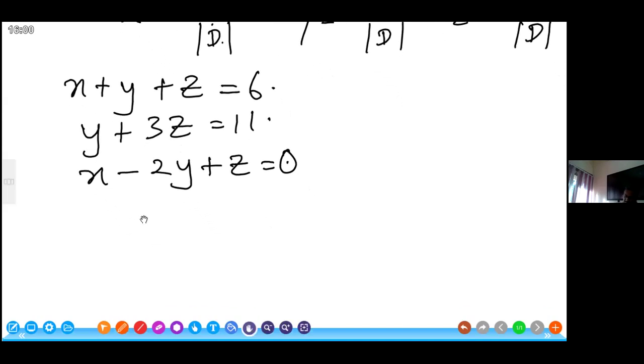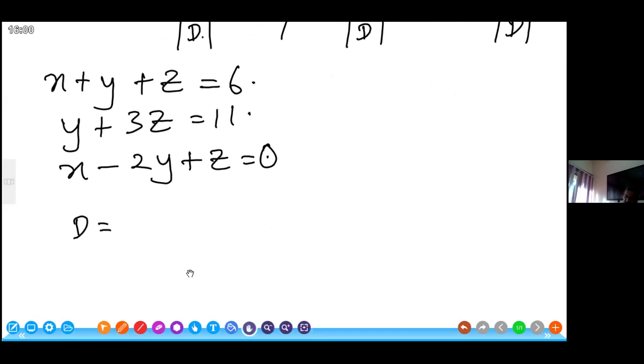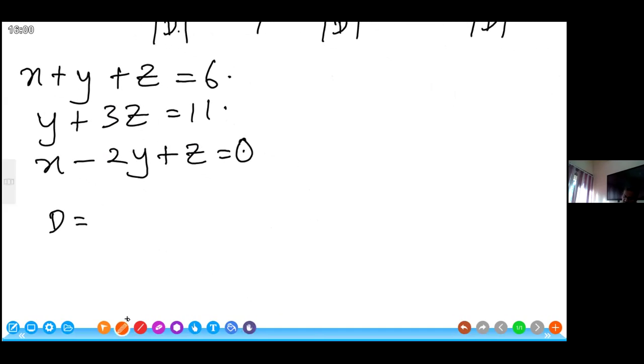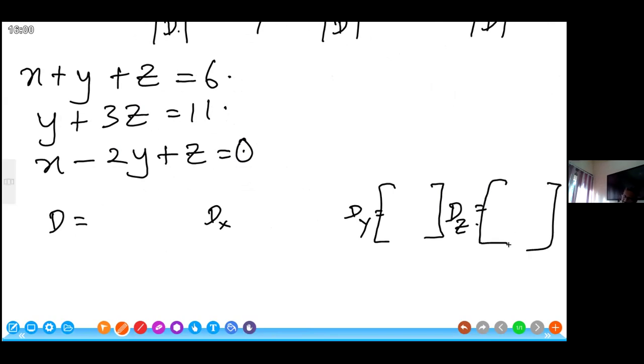First, you develop your matrices: the D matrix, the dx matrix, the dy matrix, and the dz matrix. Develop those matrices first and tell me the values.